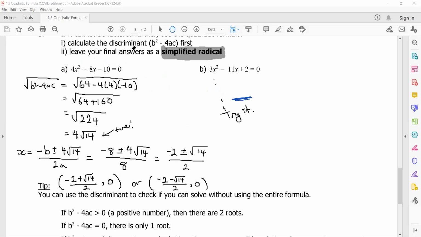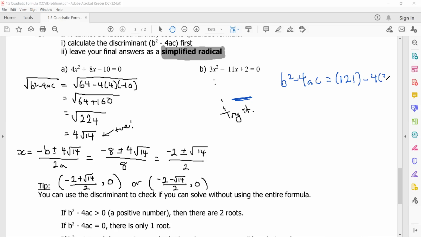Any other questions? Yep, Nathan? For the square root, did you say if we hit a negative square root, then... Yes. So let's try it. b squared minus 4ac, that's negative 11 squared. Negative 11 times negative 11 is actually a positive 121.